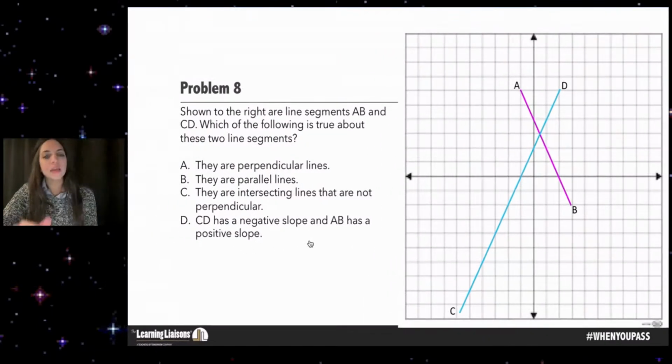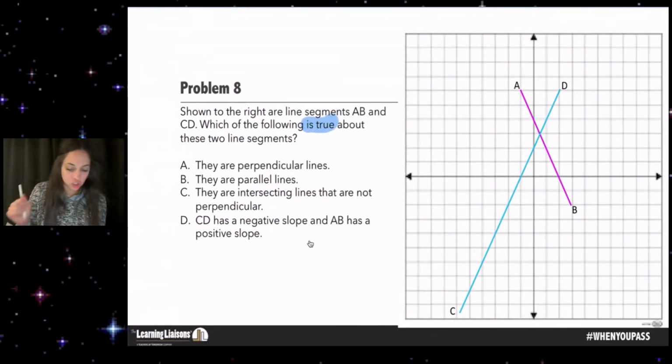So they're asking which of the following is true. Are they perpendicular? Are they parallel? I know they're not parallel because they are intersecting. Parallel lines do not intersect. They are intersecting lines that are not perpendicular. Could be perpendicular, but I haven't proven it yet.